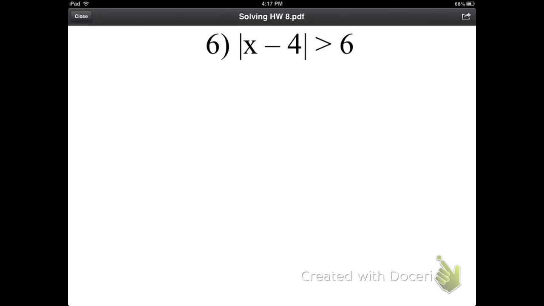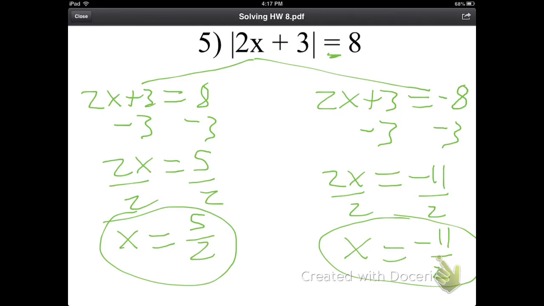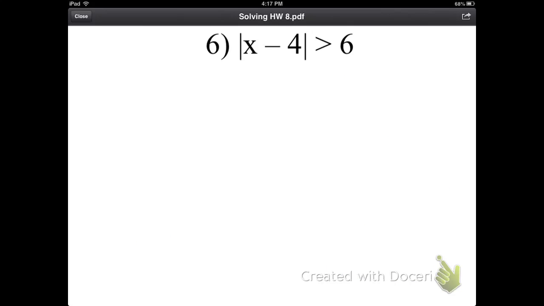Next item is we've got the absolute value and then this ugly inequality thing. Okay, so today in class I mentioned how to set this up. You're going to have 2 inequalities, just like when you have equals, you're going to have 2 equations to solve. When you have inequalities, you're going to have 2 inequalities to solve.